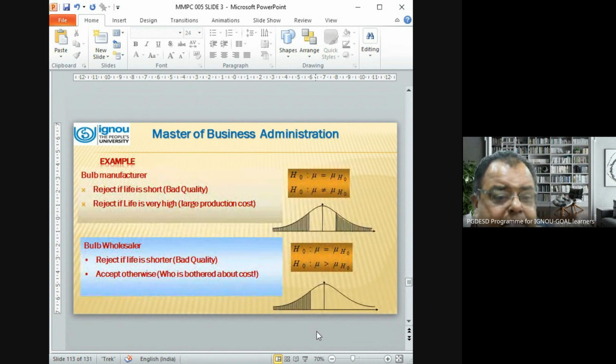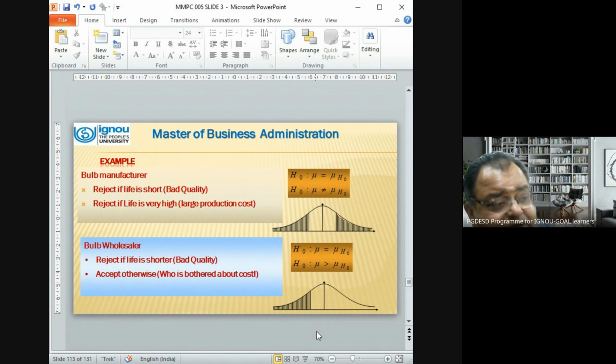A bulb manufacturer rejects if life is short, that is of bad quality, and rejects if life is very high, because of large production cost. A wholesaler rejects if life is shorter, bad quality, and accepts otherwise. Who is bothered about the cost?